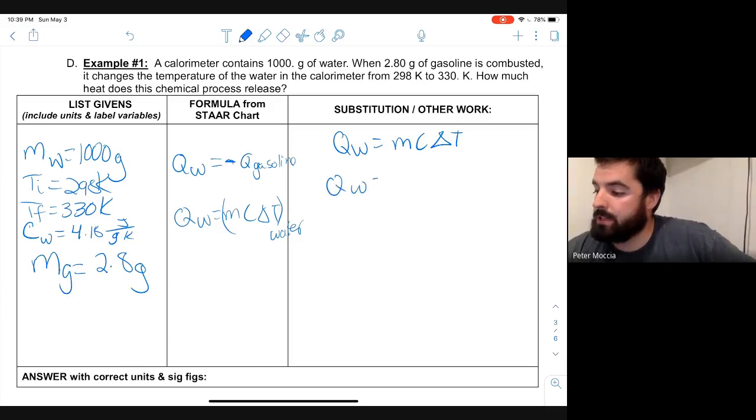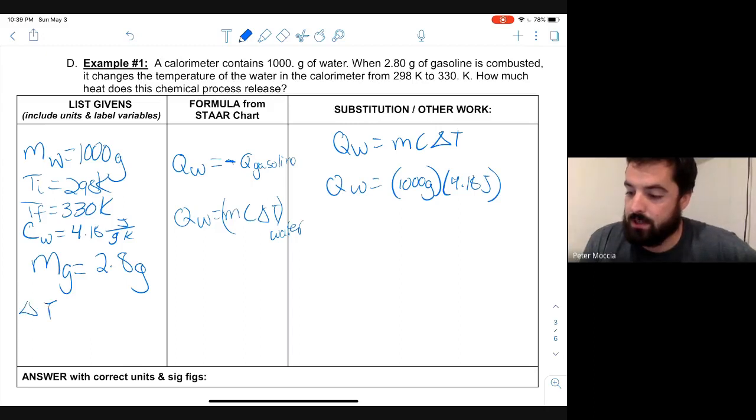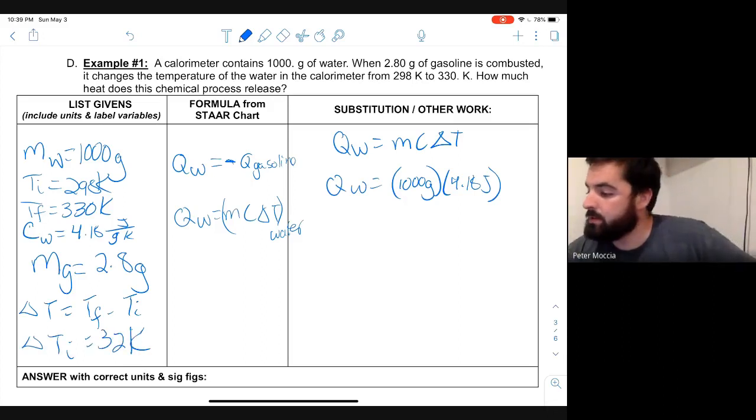QW is equal to 1,000 grams times 4.18 joules times, in this case, delta T is equal to TF minus TI. So delta T is equal to 32 kelvins. So 1,000 times 4.18 times 32, and this is joules per gram Kelvin.